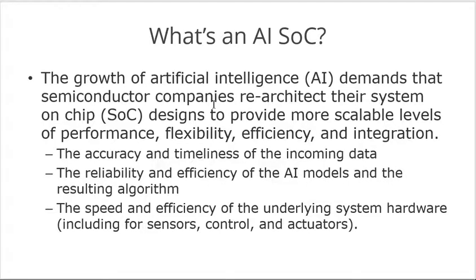Some of the key factors are the accuracy and timeliness of the incoming data, the reliability and efficiency of AI models and resulting algorithms, and the speed and efficiency of the underlying system hardware, including sensors, controls, and even actuators as well.